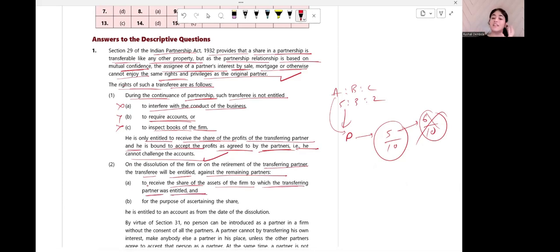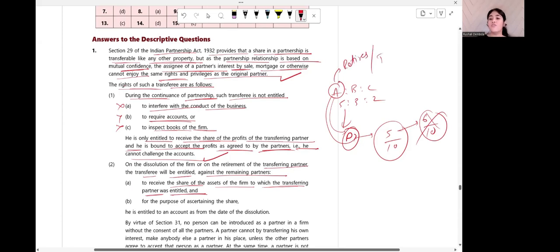So if the transferring partner is retiring or the firm is dissolving, whatever right there was to receive the share of assets or the income that the transferring partner had, the same will be given to the transferee. The new partner who is assigned here, whatever rights of income were there to Mr. A, now the same rights will be there to Mr. P, when A retires or the firm dissolves.